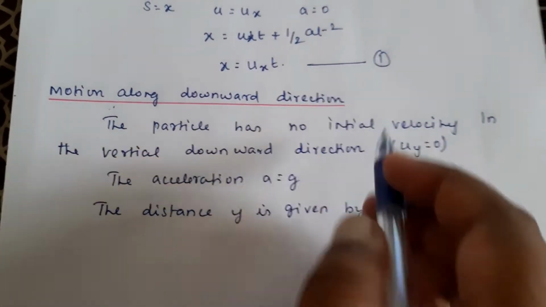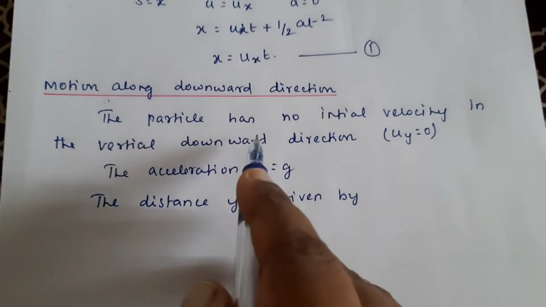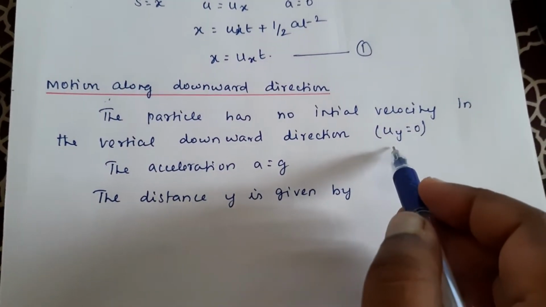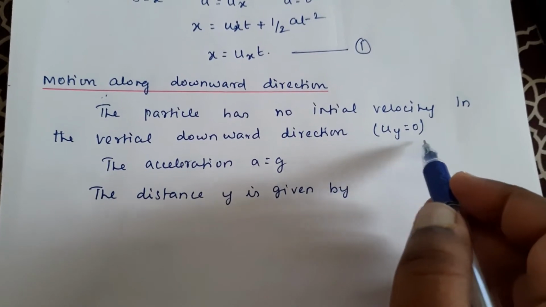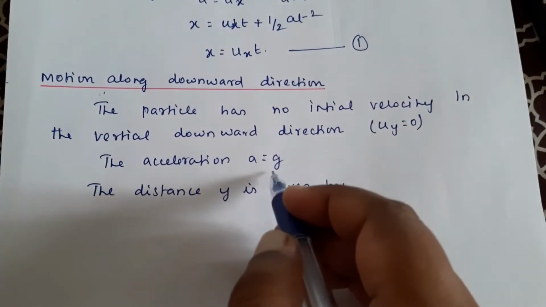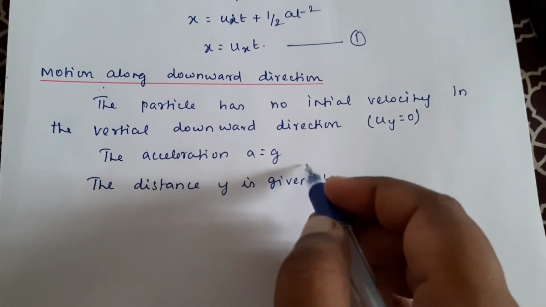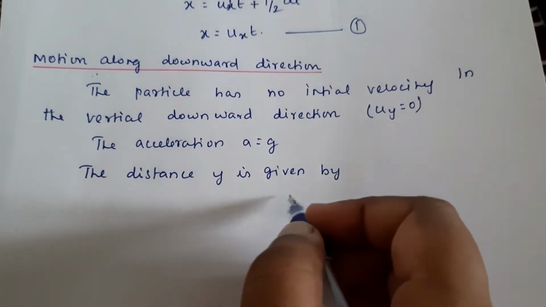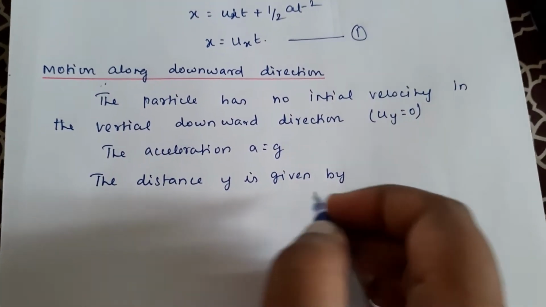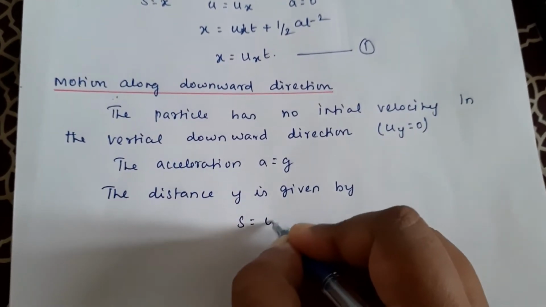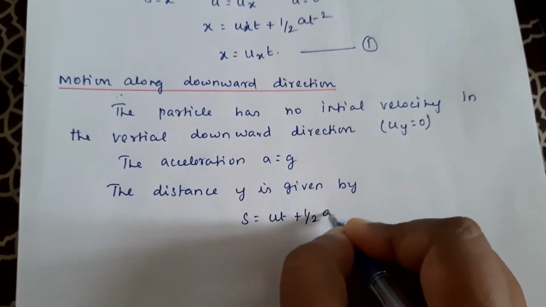Motion along the downward direction. Now the particle has no initial velocity in the vertical downward direction, so we can write uy is equal to 0. The acceleration is a is equal to g because it is acceleration due to gravity. Now we can write the vertical distance y at time t using s is equal to ut plus half at square.